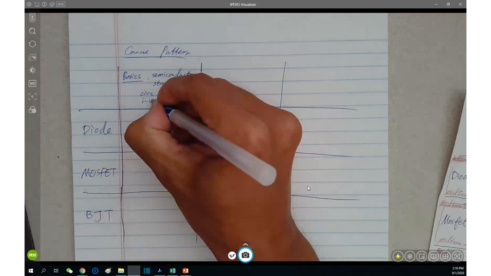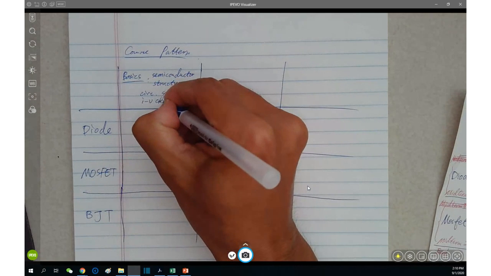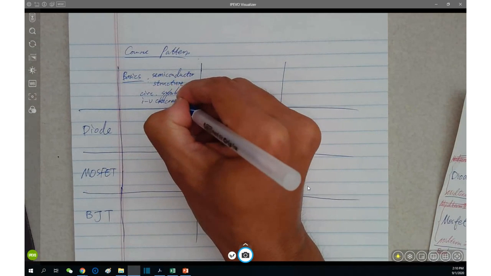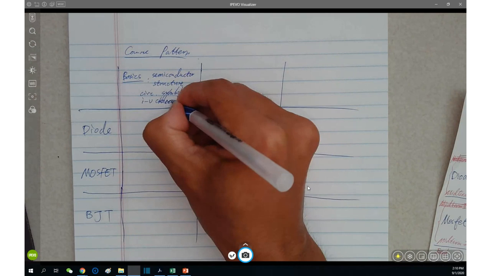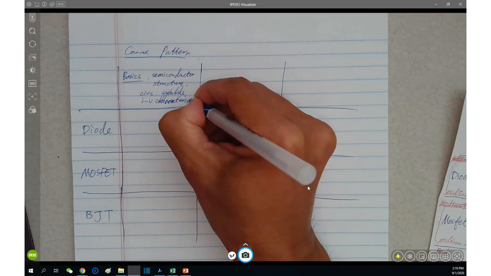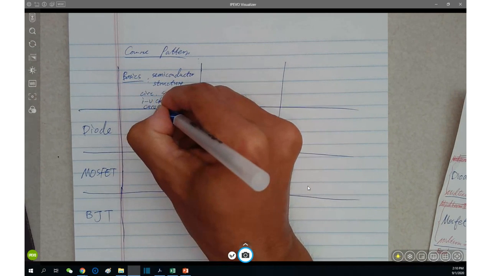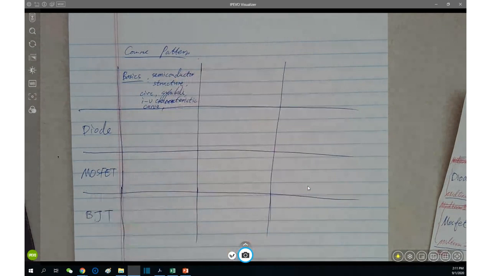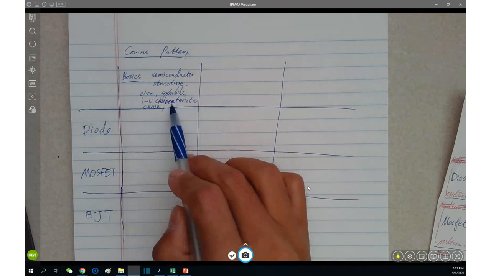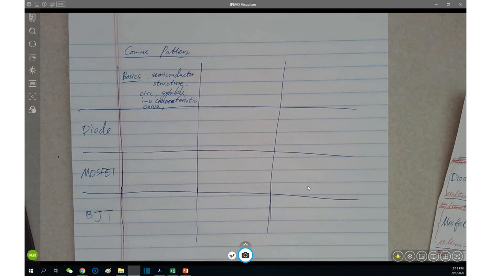IV curves, IV characteristic curves. Sorry for my rusty spelling. Okay, the circuit symbols, IV characteristic curves, the basic behaviors.